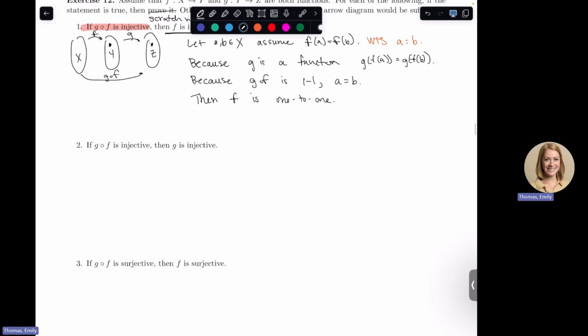Okay, if g of f is injective, then is it true that g has to be injective, or 1 to 1? So the function composition is 1 to 1. Wow, I don't even know. It's fine.